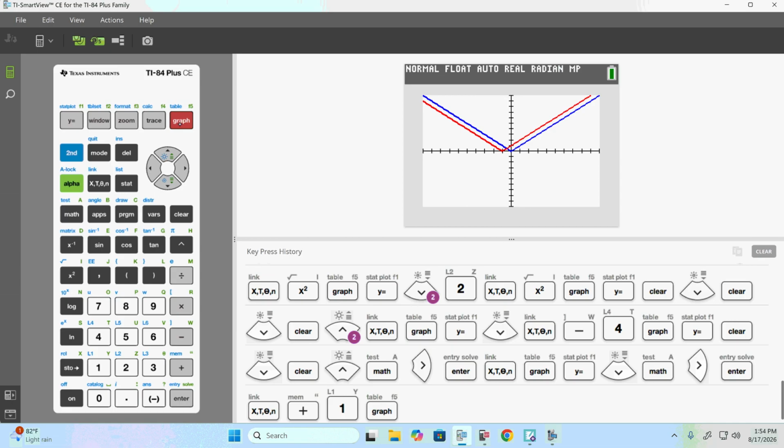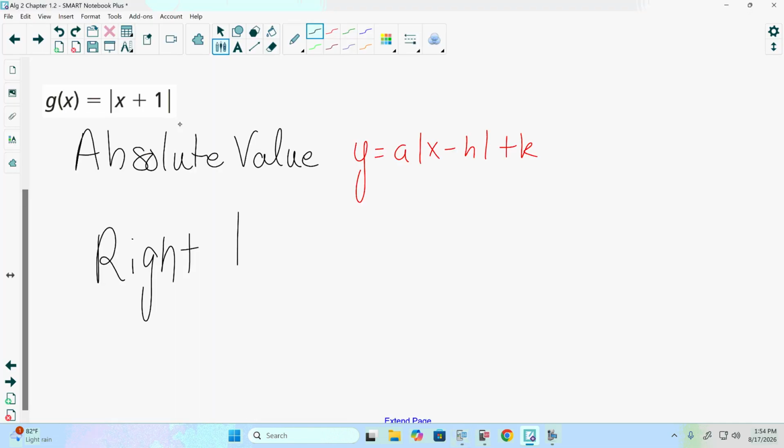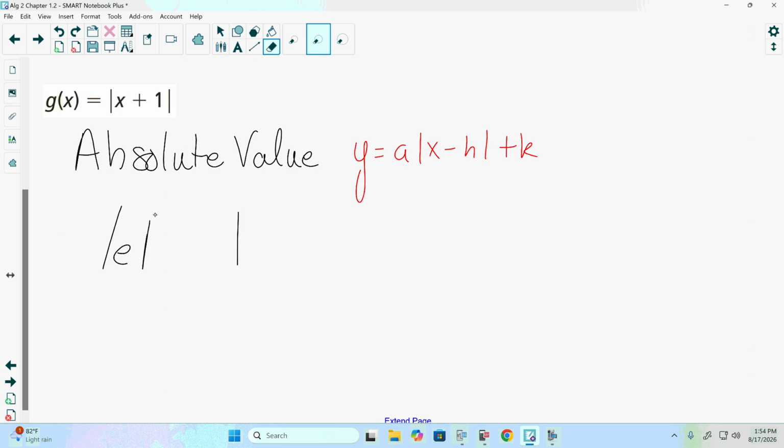No, it moved 1 unit to the left. Okay, got to mark that out. It wasn't to the right, it was to the left. Look at the general form. What is our general form? x minus h. The general form is x minus h.